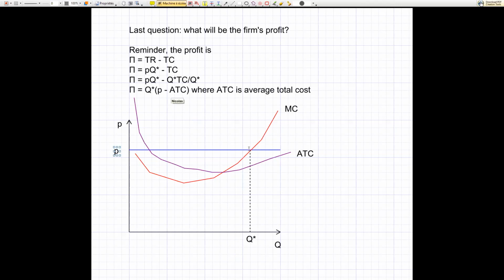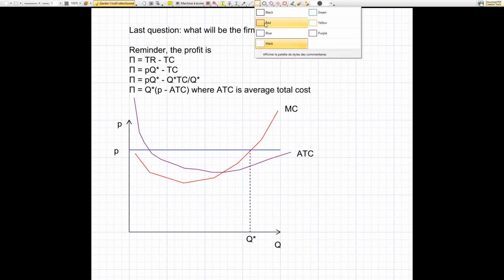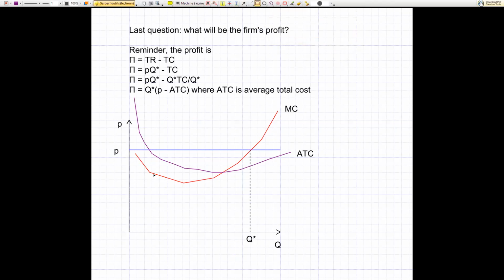P is here, ATC is there. So P minus ATC is positive. What is the profit? Well, the profit is exactly this box there. This is my profit.